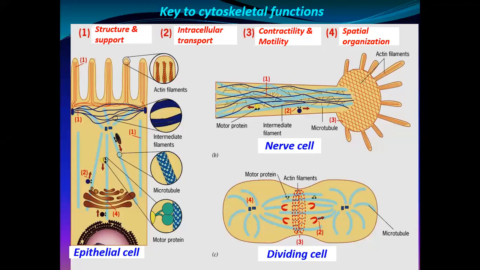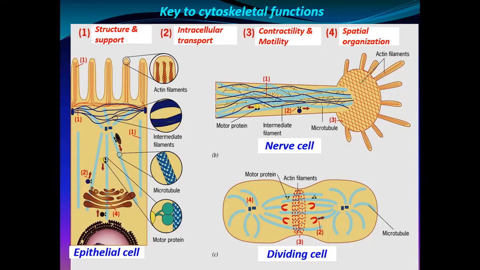The red color ones are called actin filaments. Each and every microvillus, the projections, has actin filaments. And beneath that you can see blue color filaments. That is called intermediate filaments. The function is again number one, structure and support.